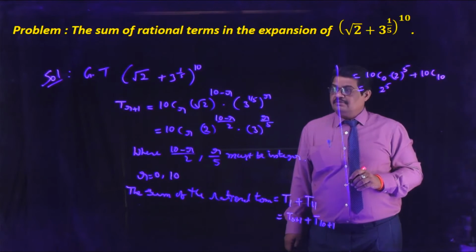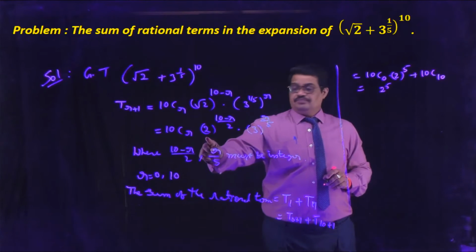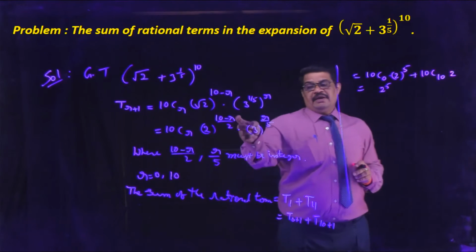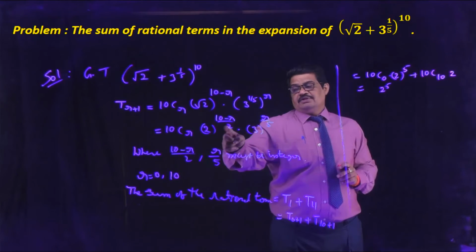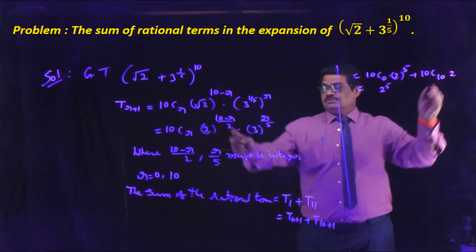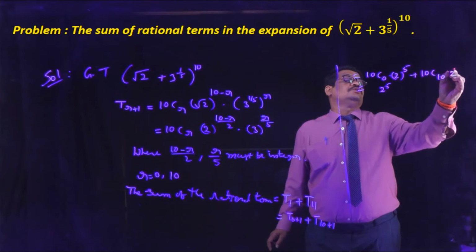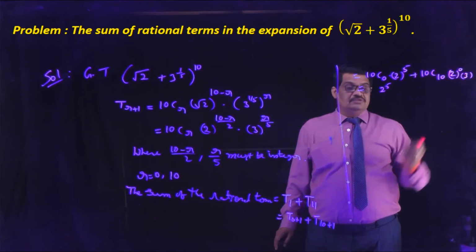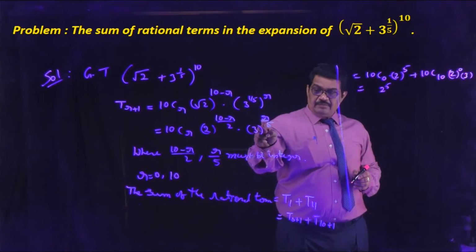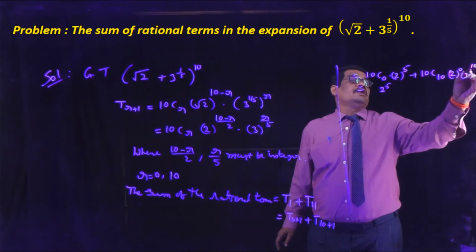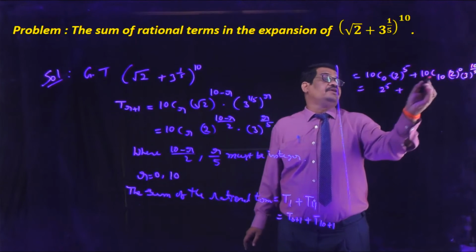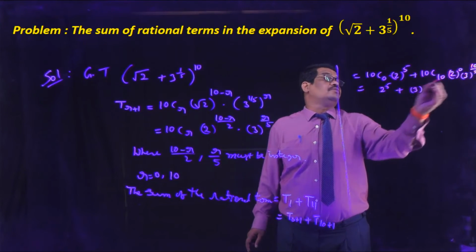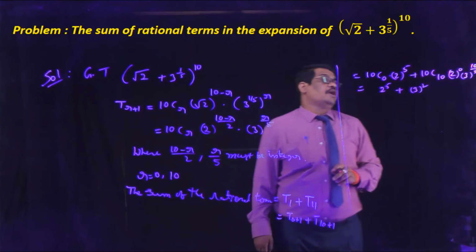So 10C10 into 2 to the power of (10 minus 10), that is 0, so 2 power 0, and 3 to the power of 10 by 5, that is 2. So the value of 10C10 is 1, 2 power 0 is 1, and 3 to the power of 10 by 5 is 3 square.